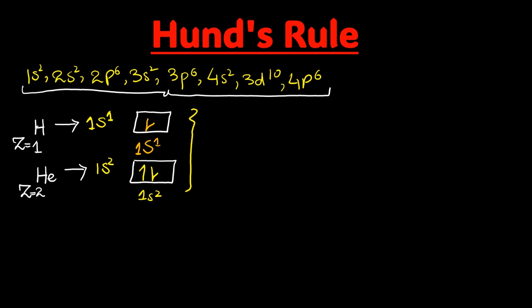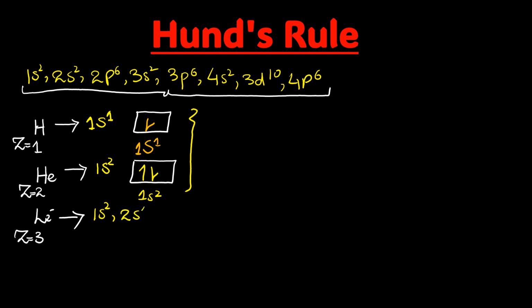Similarly, the next element of the periodic table is lithium. The atomic number of lithium is 3. So the electronic configuration for lithium will be 1s2 2s1. This means that the 1s subshell has filled 2 electrons, and the next subshell is 2s.